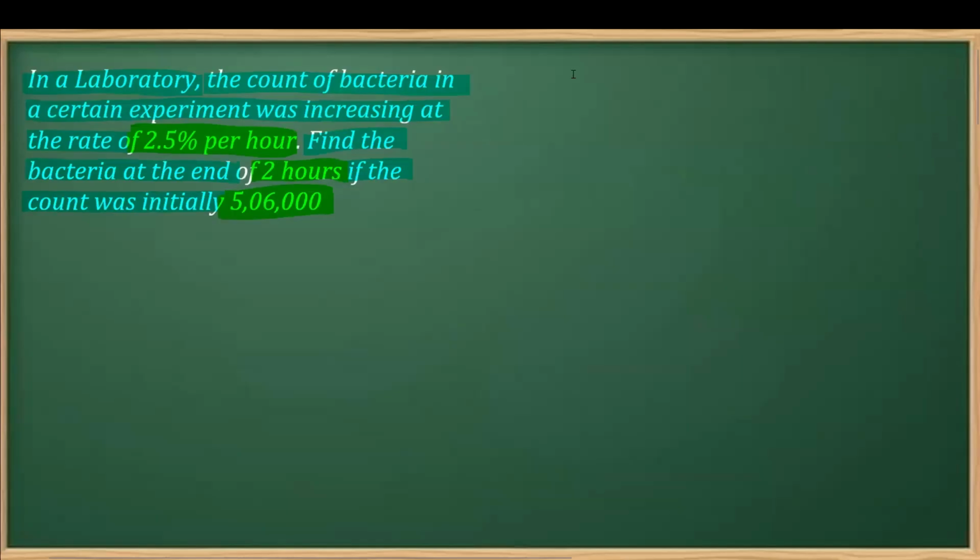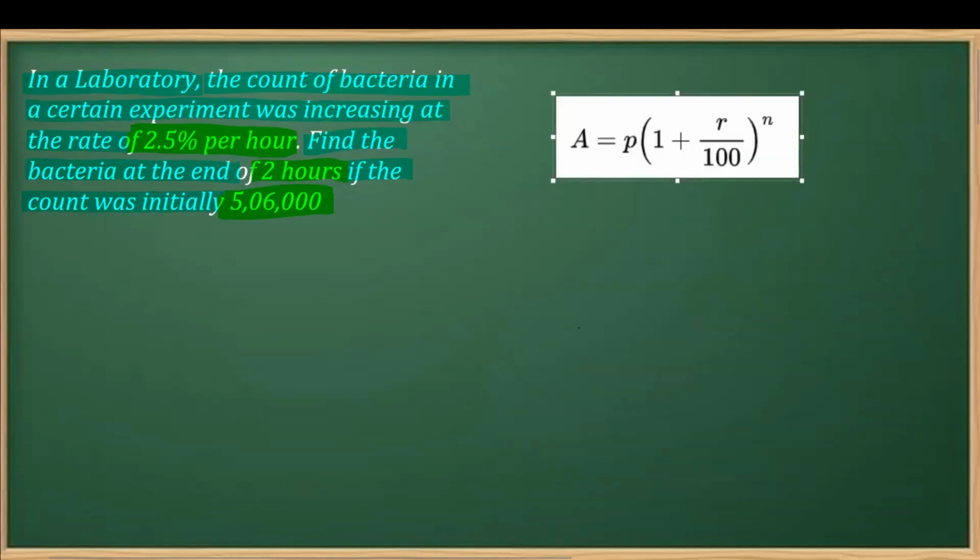So for that, again, we'll be applying the same formula, that is A is equal to P bracket 1 plus R over 100 raised to the power n.